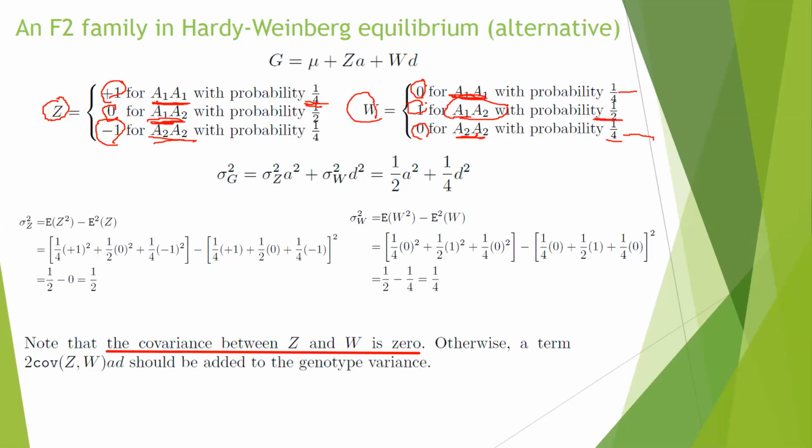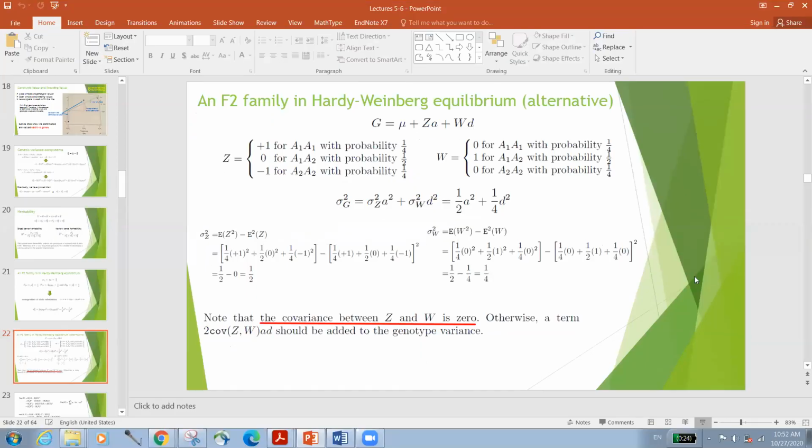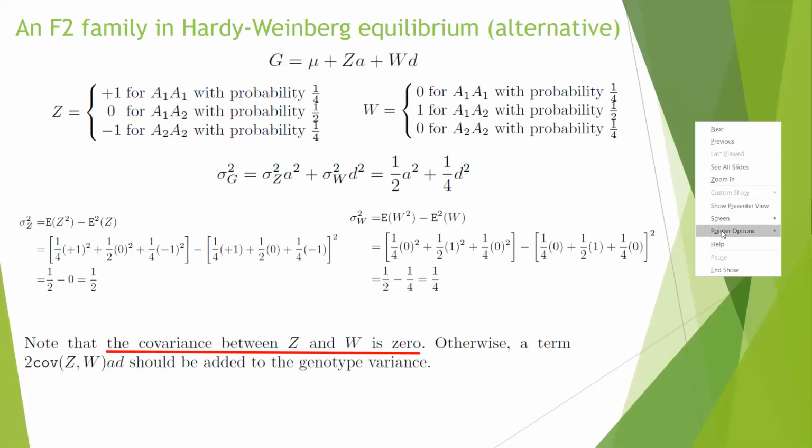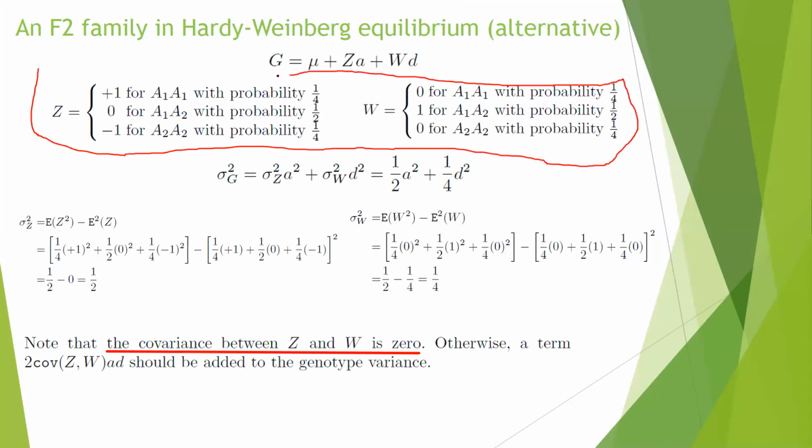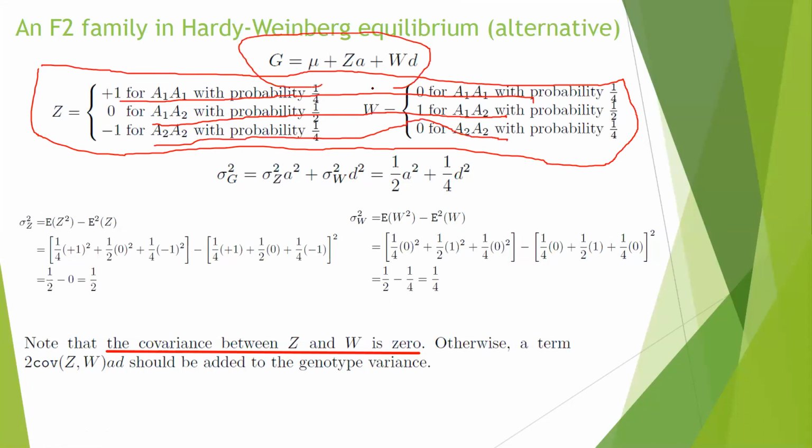Is that clear? This is how we define these two random variables for the three different genotypes, and we can put these two random variables into the same model like this.